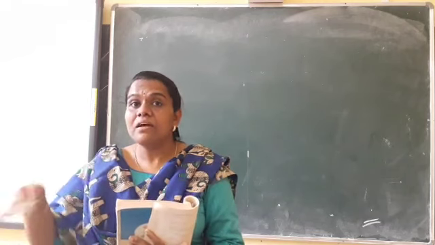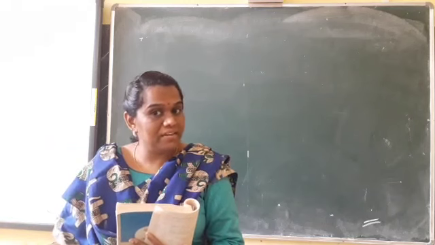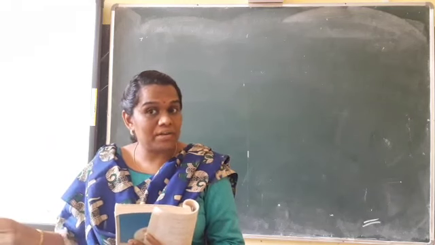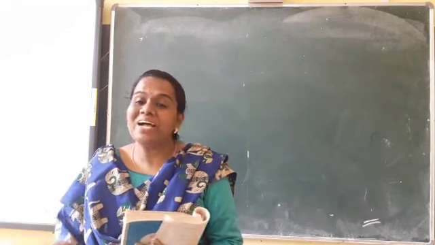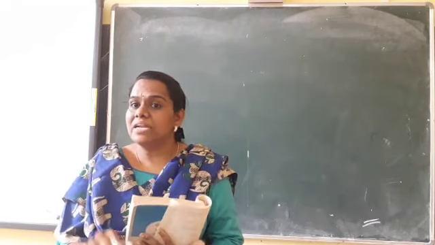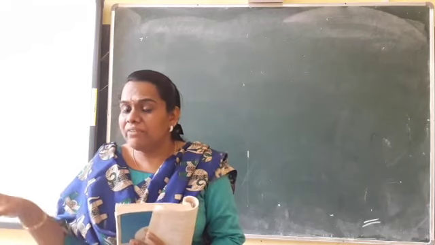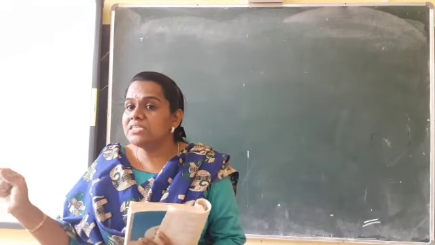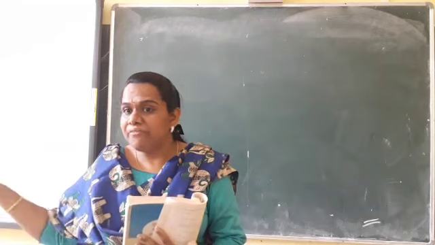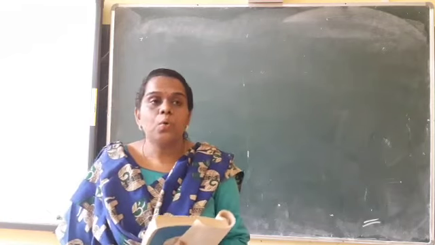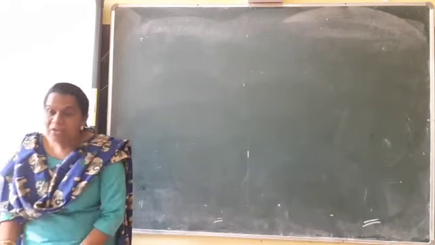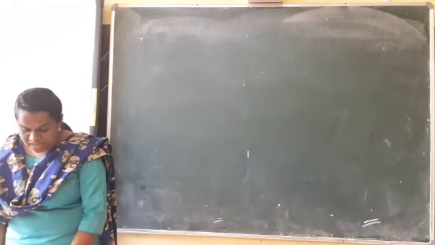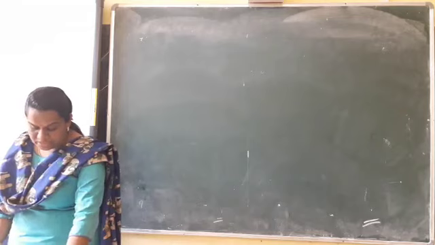For each correct answer he gets 3 marks. If he has 10 correct answers, 10 into 3, 30 marks. If he has 5 wrong answers, minus 5 will be deducted. So in that case, we can take x as the number of correct answers and y as the number of wrong answers. Okay?